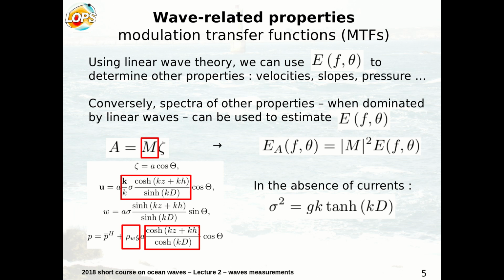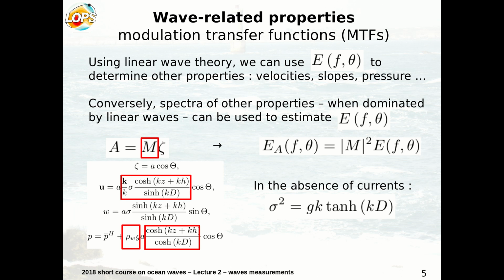If you have current, you have to be careful that this sigma is not the same, because then you have another frequency, omega. So in the presence of currents, usually we make the difference between sigma, which is what I call the intrinsic frequency in my slides, and omega, which is what I would call the absolute frequency.